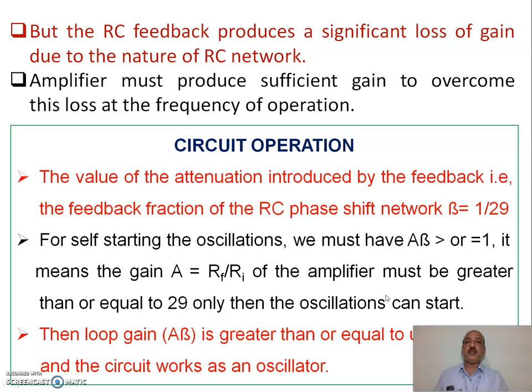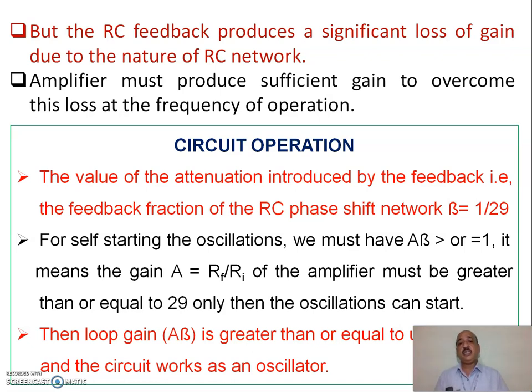But the RC feedback produces a significant loss of gain due to the nature of the RC network. The amplifier must produce sufficient gain to overcome this loss at the frequency of operation. The attenuation introduced by the feedback, that is, the feedback fraction of the RC phase shift network, beta, is equal to 1/29.